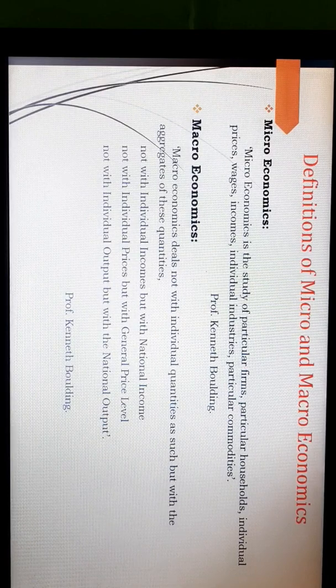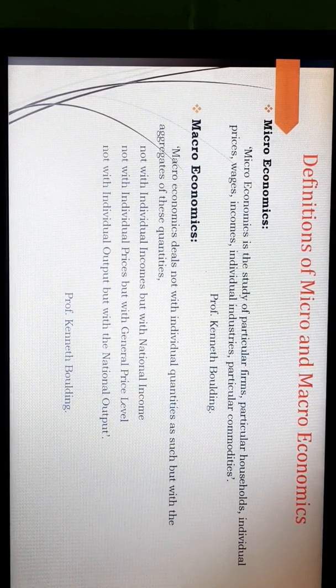Each and every individual producer produces some good or service, and that good or service will have its respective price. In the similar manner, when we consider different goods, different services which are being produced in different sectors, you will get general price level. Again, general price level is an aggregate value of different individual prices.